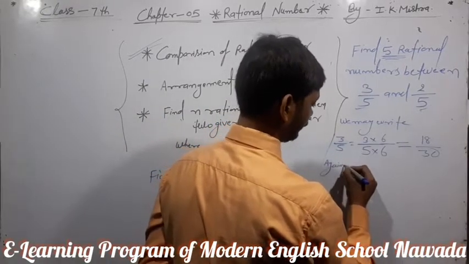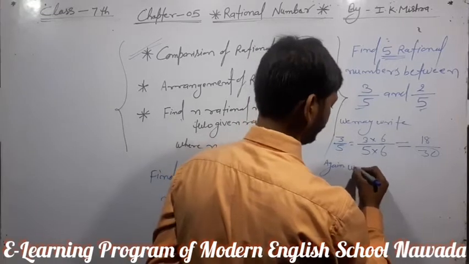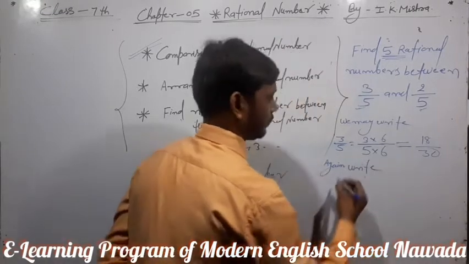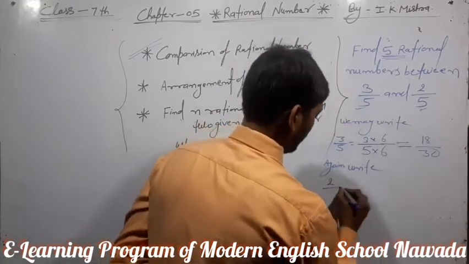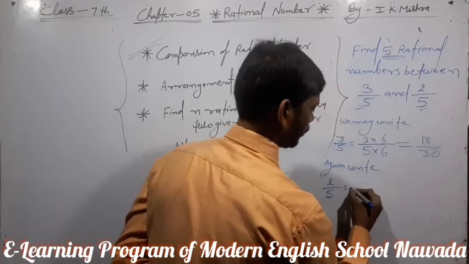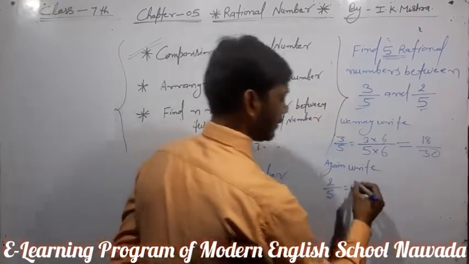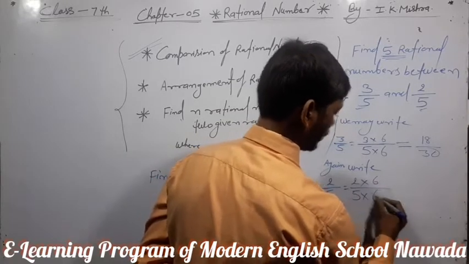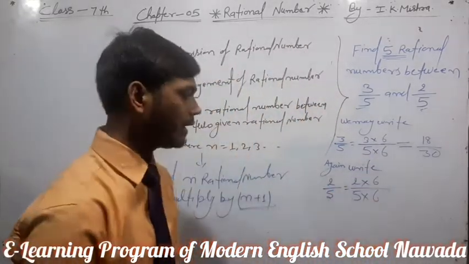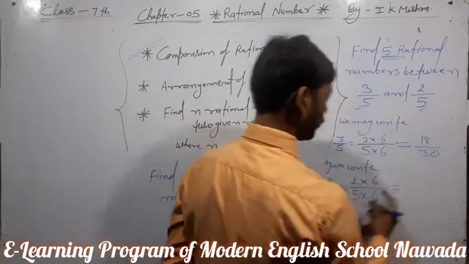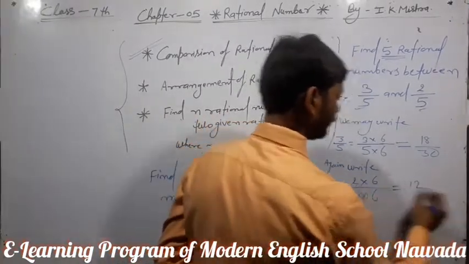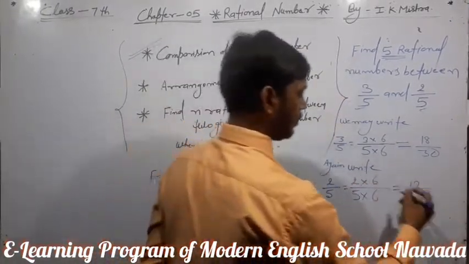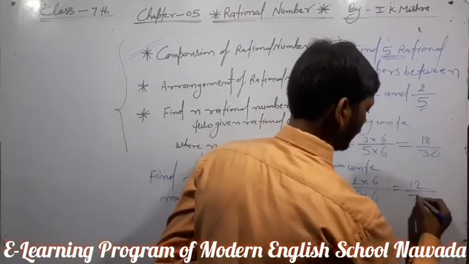Again, write 2 by 5 multiplied by 6 by 6, numerator and denominator both multiplied by 6, is equal to 12 by 30.